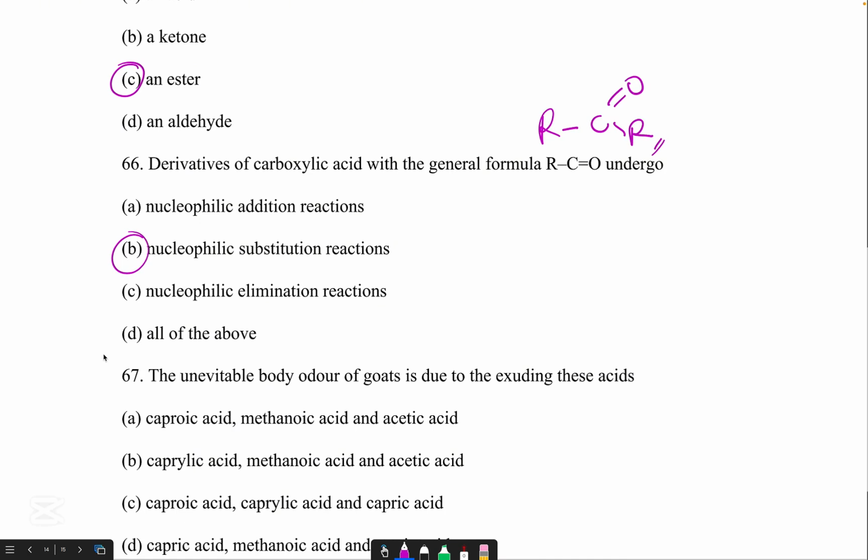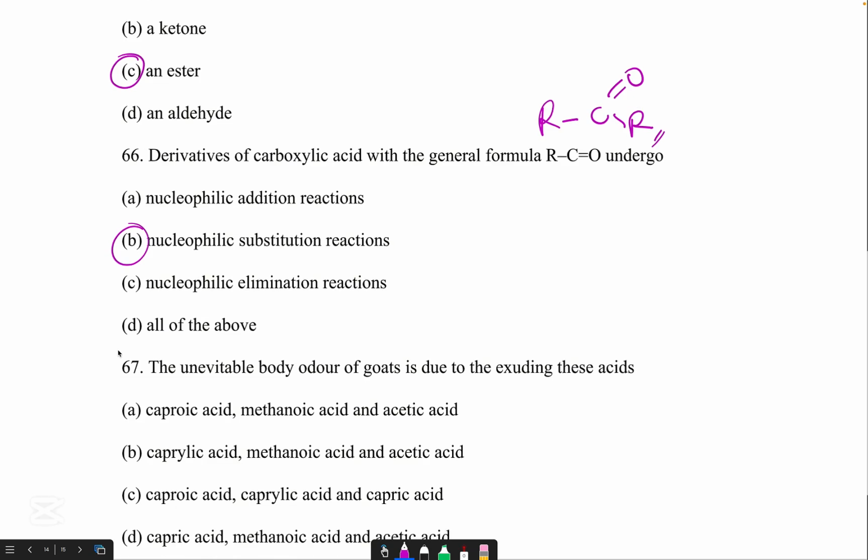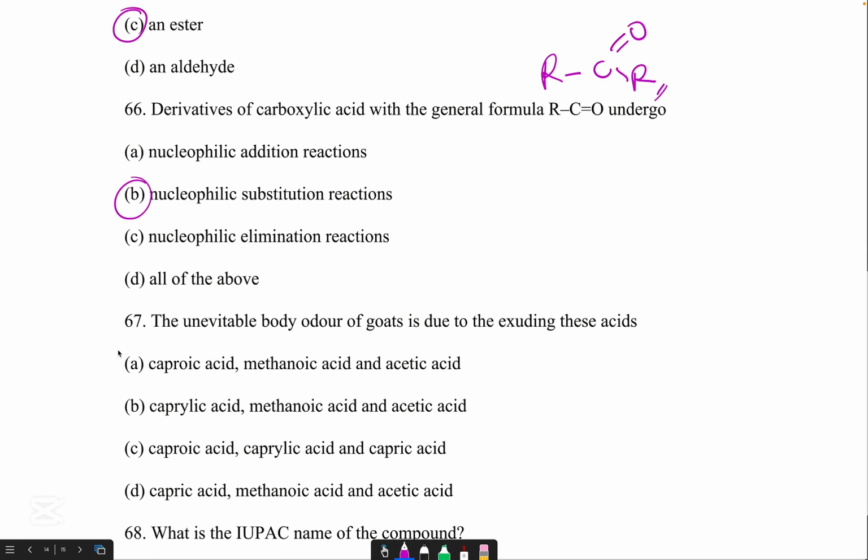The unavoidable body odor of goat is due to the exuding of this acid: A. Caproic acid, methanoic acid, acetic acid. B. Caprylic acid, methanoic acid, and acetic acid. C. Caproic acid, caprylic acid, and capric acid. Then D. You have capric acid, methanoic acid, and acetic acid.